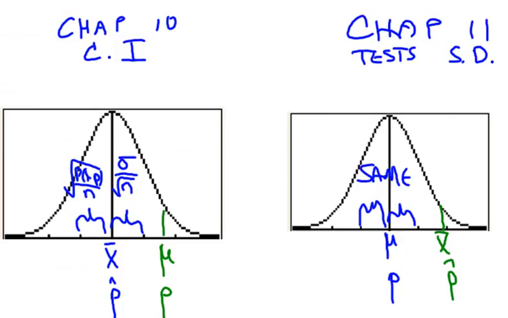Just to build on what I mentioned earlier in the podcast, we talked about the relationship between a hypothesis test and a confidence interval. Remember I said in Chapter 10, when you make a confidence interval, you put the sample statistic in the middle of the normal curve, and you use the standard error to build out the standard deviations. In Chapter 11, which is what we're in now, when you're doing a hypothesis test, you put the assumption that's made about the population parameter in the middle, you put the statistic on there, and you find the area on the curve.